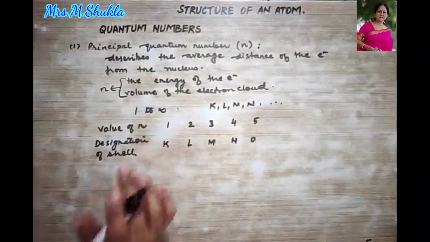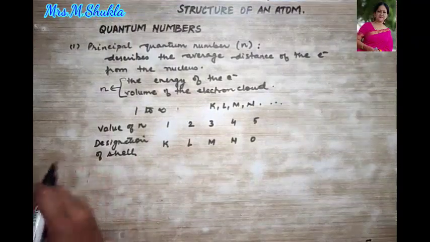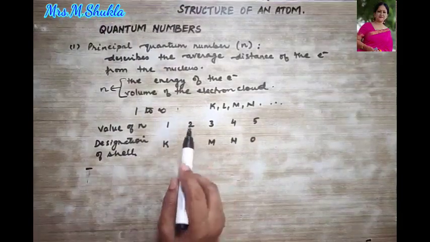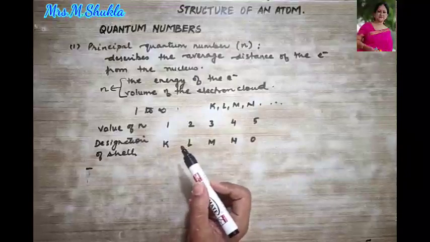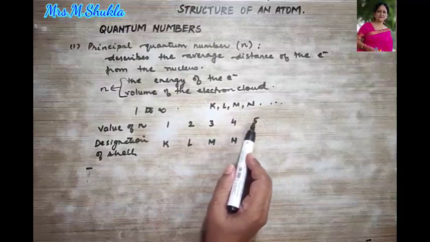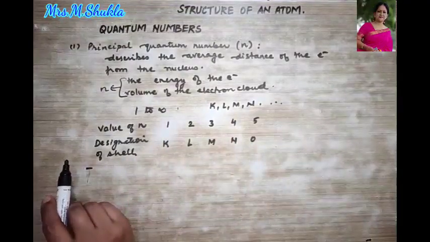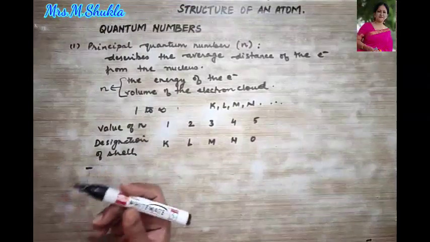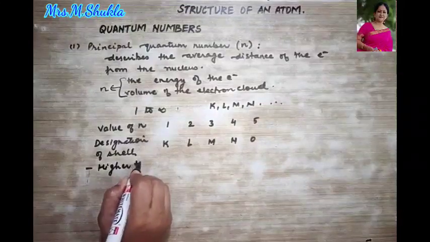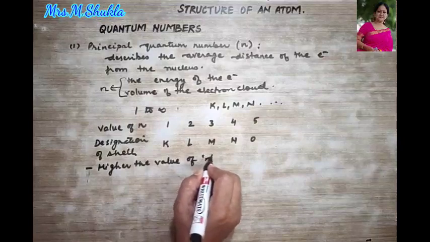Next important point, I'm writing it down over here. Higher the value of N, greater is the distance of the shell from the nucleus. Obviously, higher the value of N, more is the distance of the shell from the nucleus. That means the radius also increases.